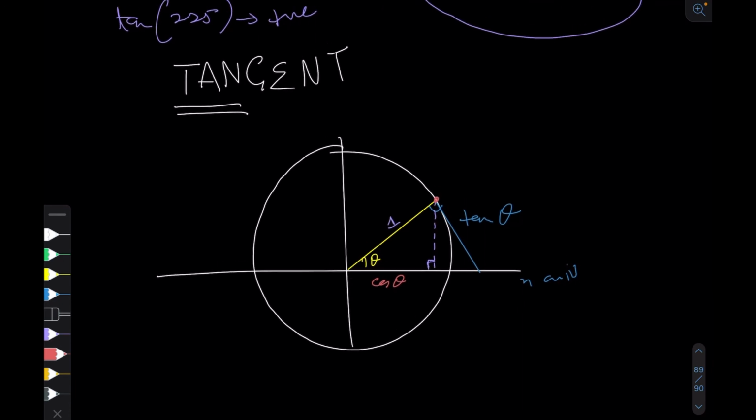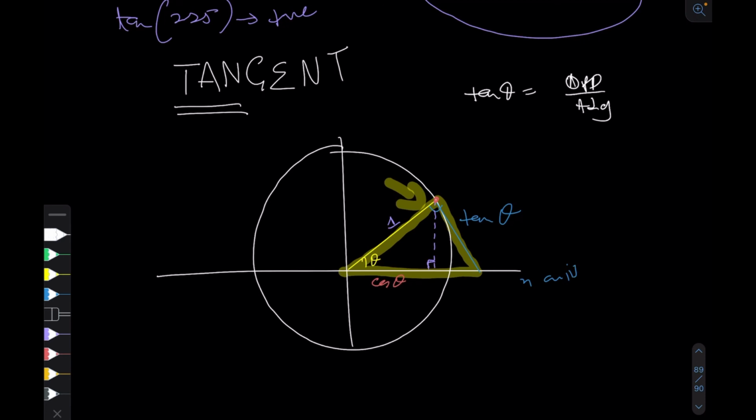All right, so tan theta is sine theta over cos theta. This would be easier to explain. Tan theta is opposite over adjacent, right? So if I concentrate on this triangle, and this is 90 degrees because a tangent to any circle will form a 90 degree angle with the center.